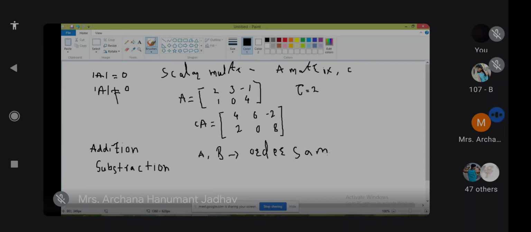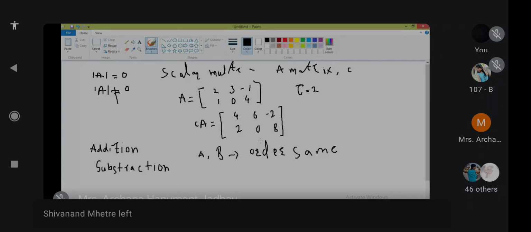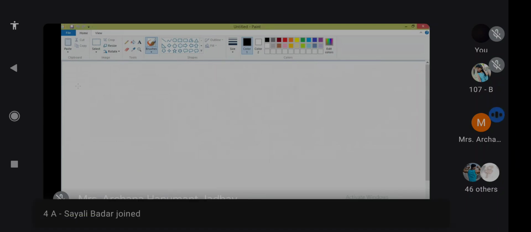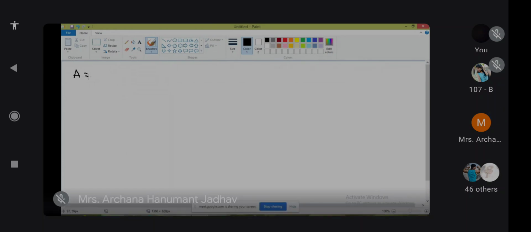Okay, addition and subtraction is possible. So suppose I will take here matrix A containing order 2 by 3.